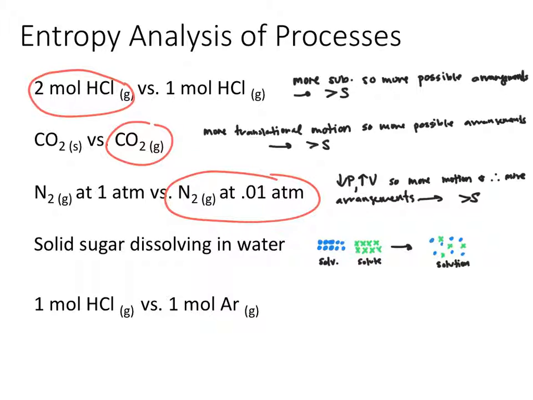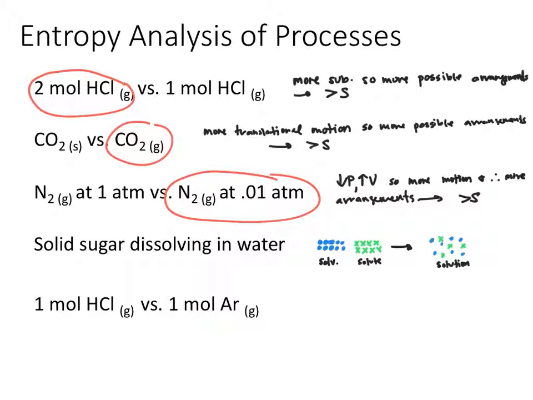When we mix them together, we get a distribution of the particles throughout the solution. Okay, so what ends up happening here is we go from more organized systems to less organized systems. So in this case, our entropy of the solution is going to be greater than the entropy of the solute or solvent by itself.